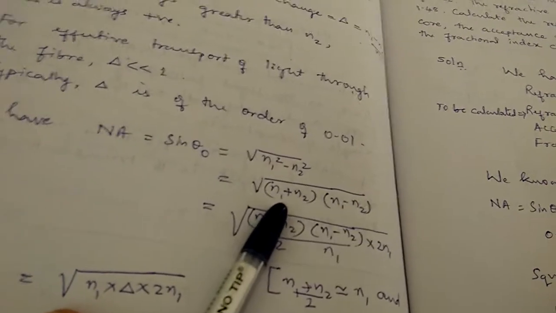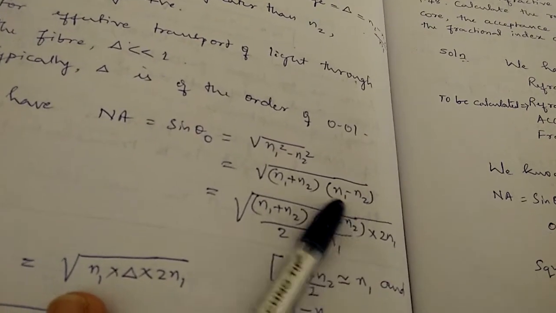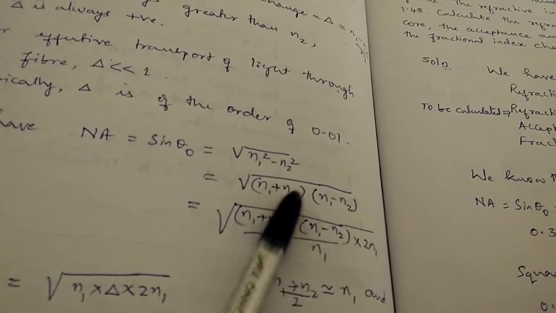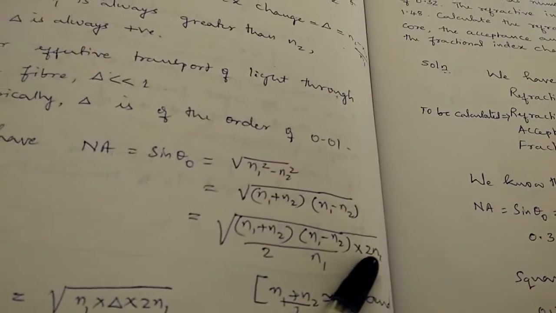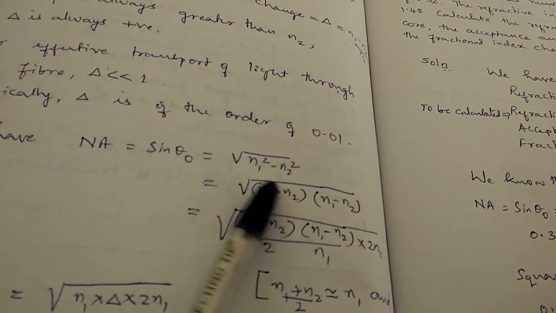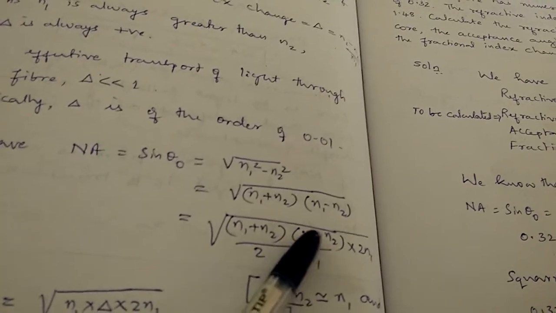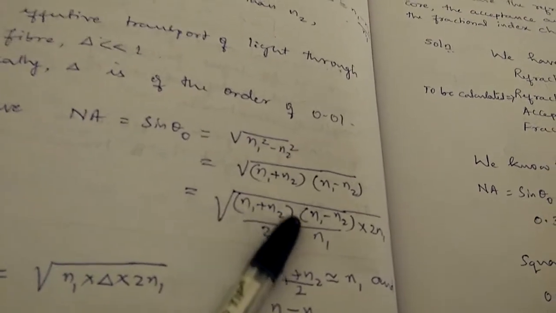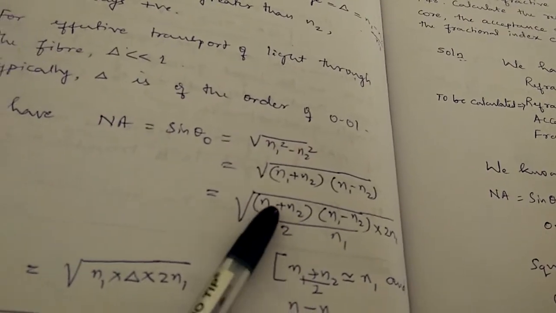So n1 plus n2 into n1 minus n2. Now you multiply and divide by 2n1, so the value will not change. So n1 plus n2 divided by 2 you can consider, and n1 minus n2 divided by n1 you can consider. So this is the average value.